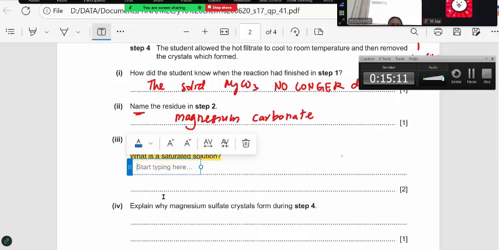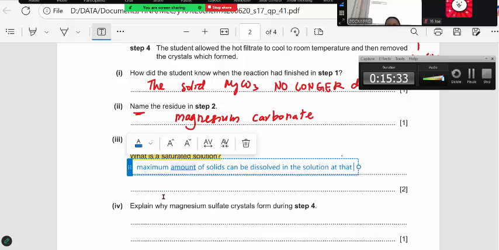So: maximum amount of solute that can be dissolved in the solution at that temperature.